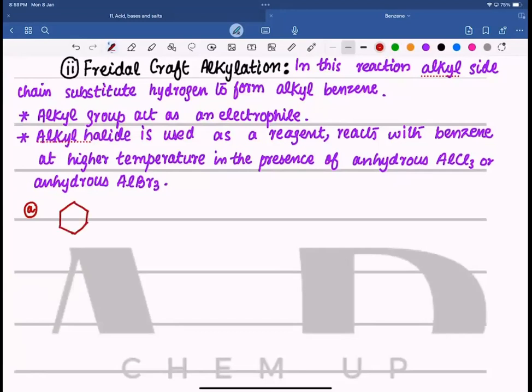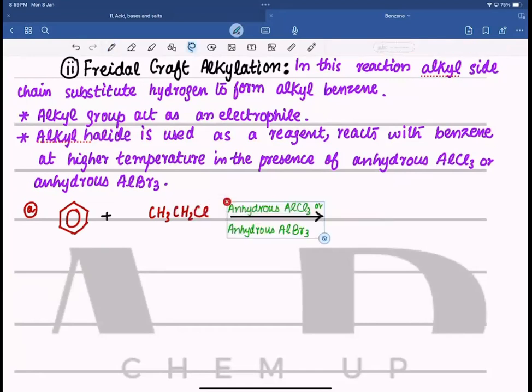So we have a benzene ring. It reacts with an alkyl halide. For example, we take the alkyl halide chloroethane, which has a two carbon chain, and on one carbon a chlorine is bonded. The catalysts are the same.